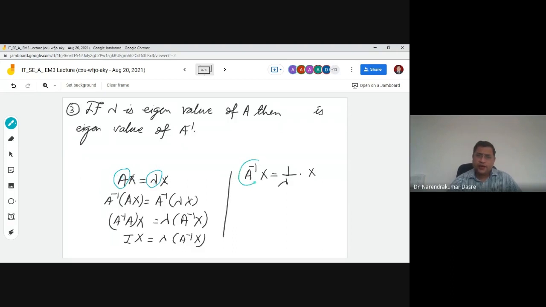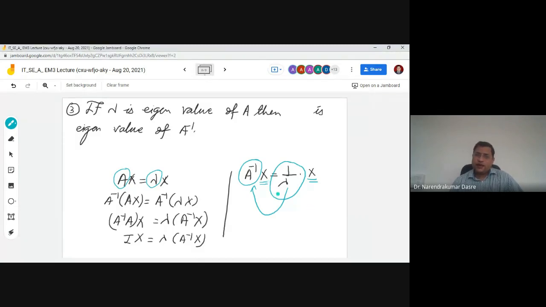So here you can see A is a matrix, so obviously A inverse is a matrix. A inverse is operated on this vector, but it is generating just a scalar multiple of this vector. This vector is not changing, but the action of the matrix gives a scalar multiple of this vector, and that's why this is the eigenvalue of this matrix.